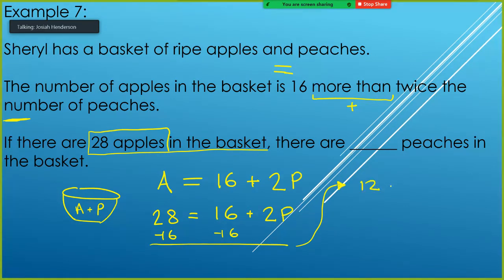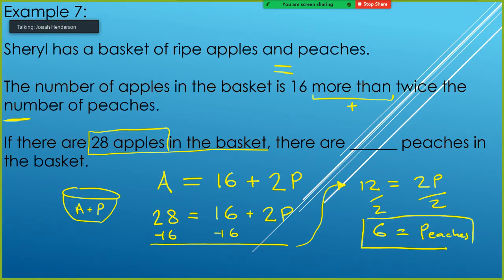We've got 12 equals 2P. Divide by 2 and there should be 6 peaches.